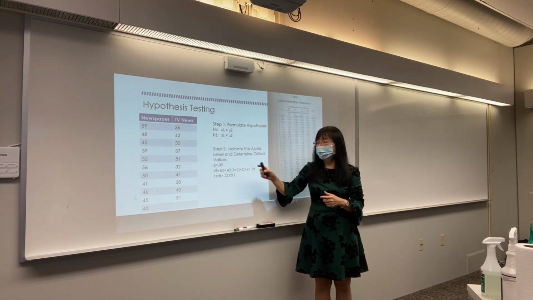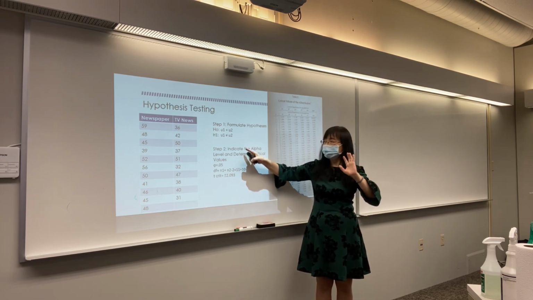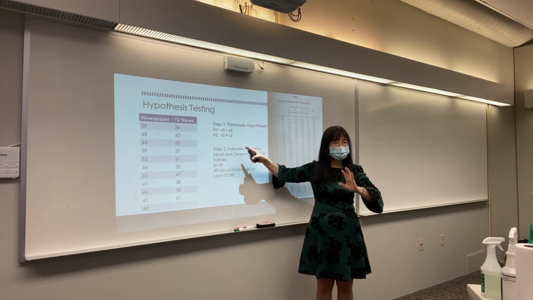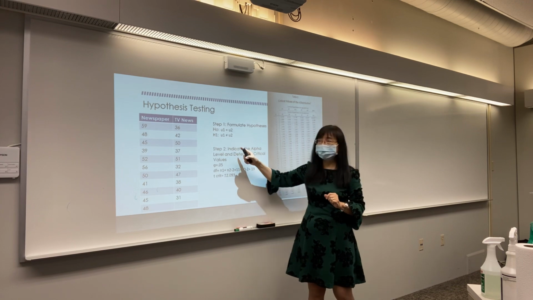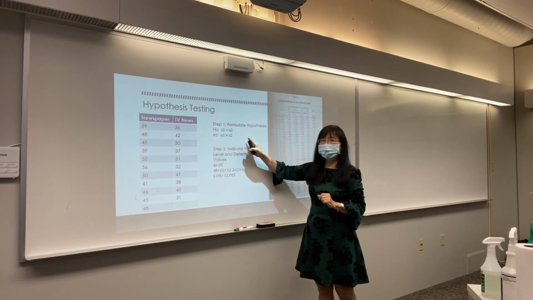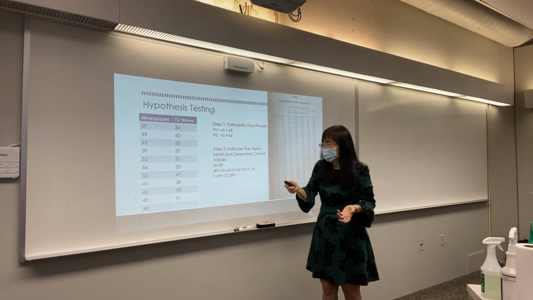I believe up to this point everybody is pretty good. The only thing, please don't forget to write your hypothesis. That's where you get points. By typing, next time you can just copy and paste.